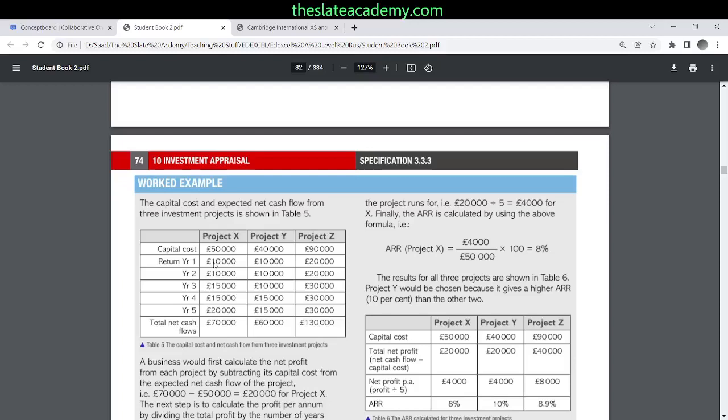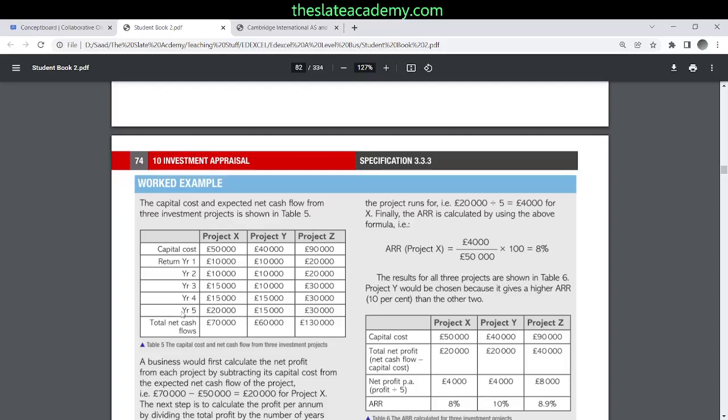If you have calculators at hand, quickly do the sum: minus 50 plus 10 plus 10 plus 15 plus 15 plus 20, plus 20. How much did you get? That's 20,000. So that is the net return on this project over a period of 5 years. If I divide it by 5, I'll get the yearly return. So yearly return is how much?